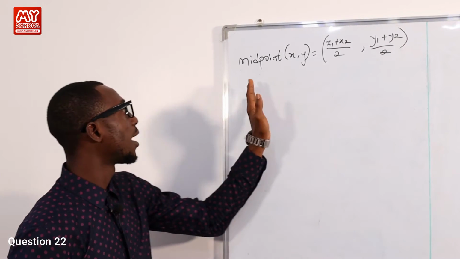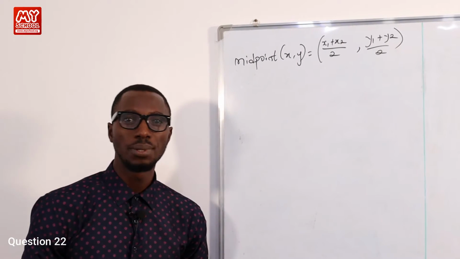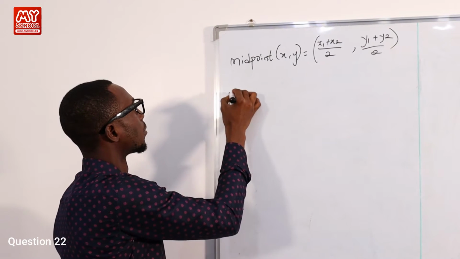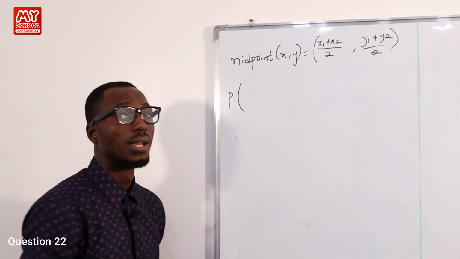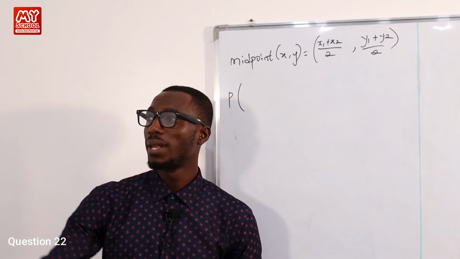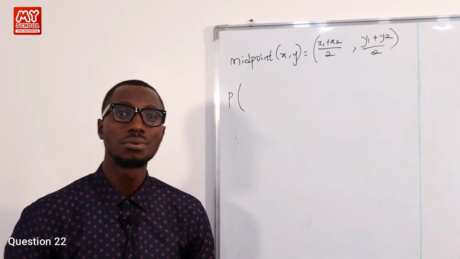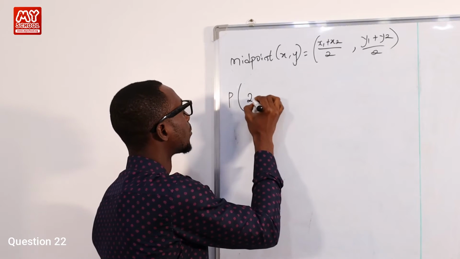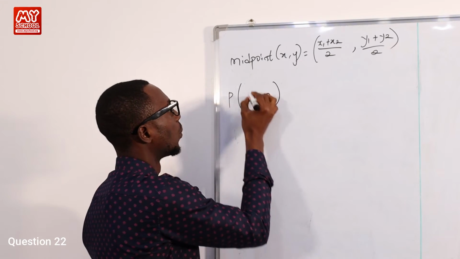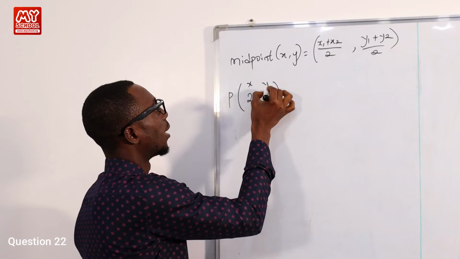So what values are we given for the midpoint P? From the question, we are supplied with the values 2 and m, which represent x and y.